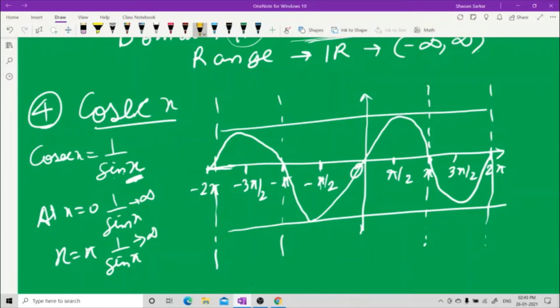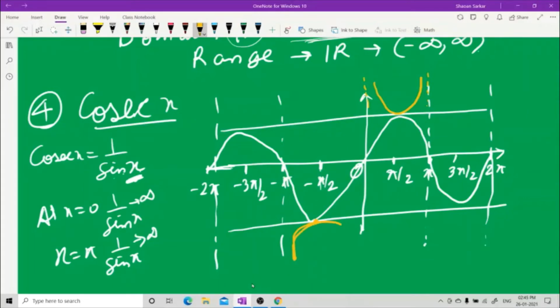Now let's draw this graph. At 0 it is becoming infinity, and at pi by 2 it will be 1. This is the first one. These lines are going to behave like asymptotes. Now at minus pi by 2, it will be minus 1, and it will turn in this manner.